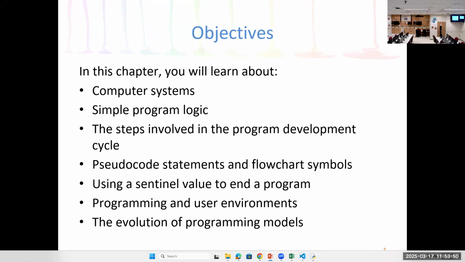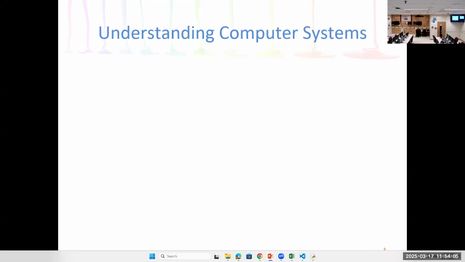In this chapter, we learn about the computer system, simple programming language, steps involved in the programming development cycle, pseudocode statements and flowchart symbols, using the sentinel value and program, and so on. I will go over all of them here.